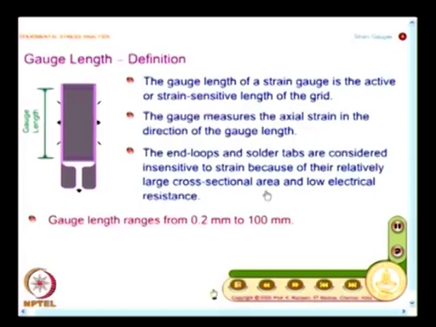And another aspect is the range of gauge lengths. It ranges from 0.2 millimeter to 100 millimeter. So, you can't simply jump and say I will always go and use a 0.2 millimeter strain gauge. Unless it is warranted, you should not go for such sophisticated strain gauges, because we have already seen you need 100 millimeter to develop 100 ohms in normal resistance wires.